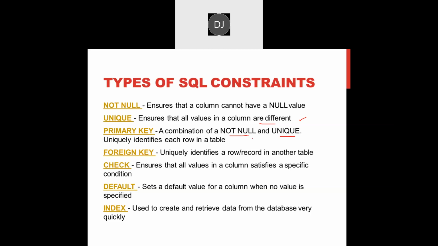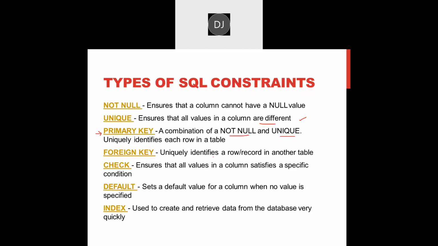You must enter an age value and it will have a unique value. It uniquely identifies each row in the table. Yesterday we saw that you can use the primary key as a key to uniquely identify any rows in the table. That's why you use it.